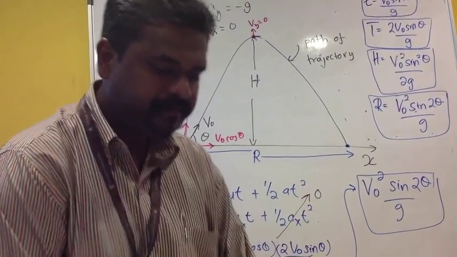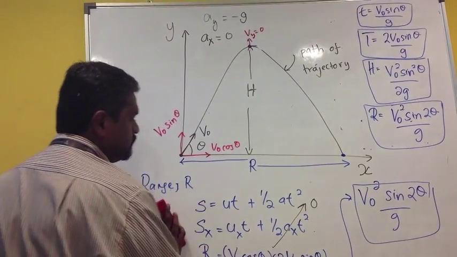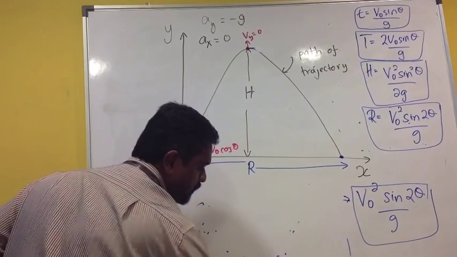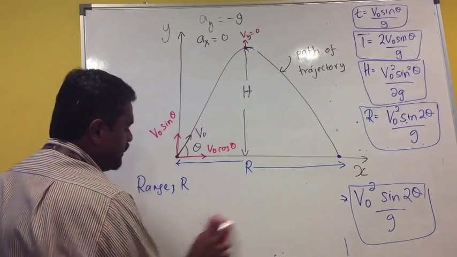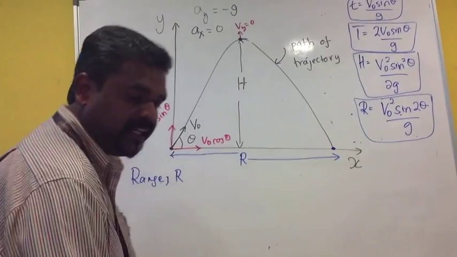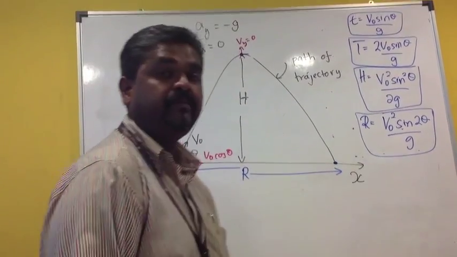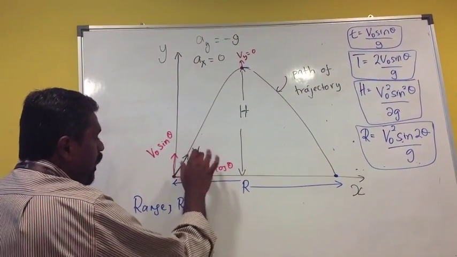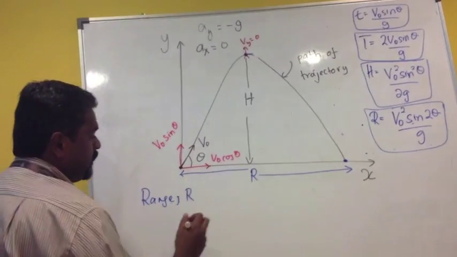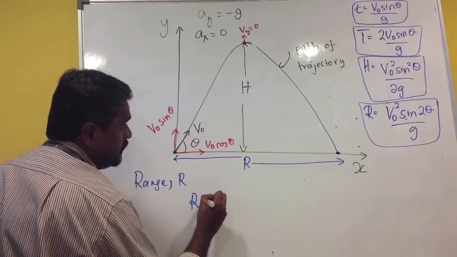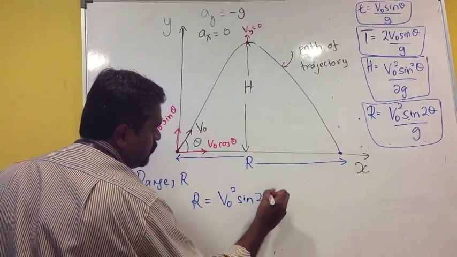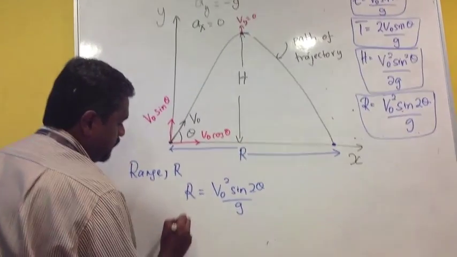Okay, another important thing that we need to know about the range R is that one would always like to know what the optimum angle of launch is, so that the range attained can be maximum. That means, what should the value of theta be so that range is maximum? If you look at the expression for range, R equals v0 squared sine 2 theta over g.